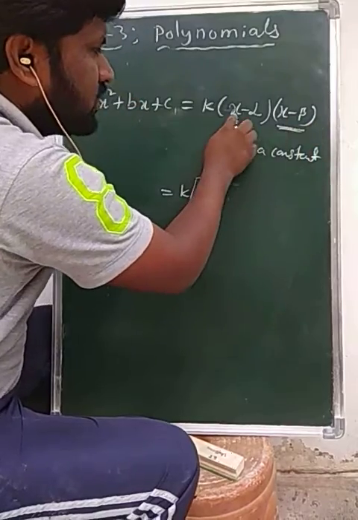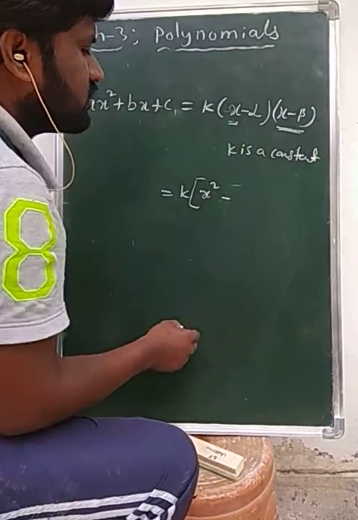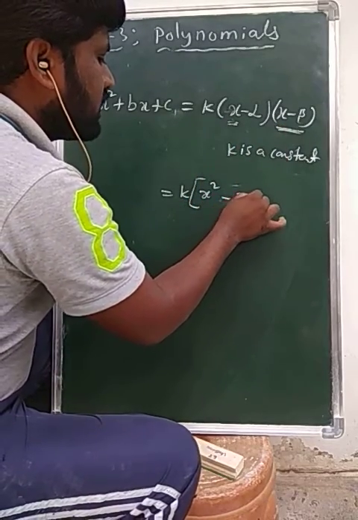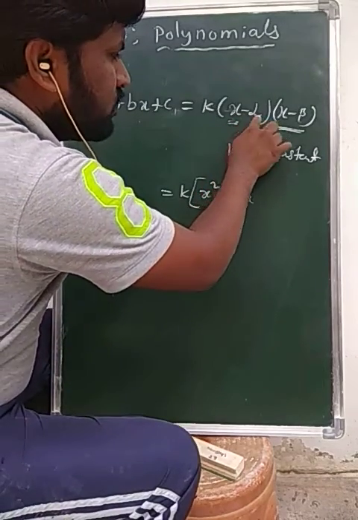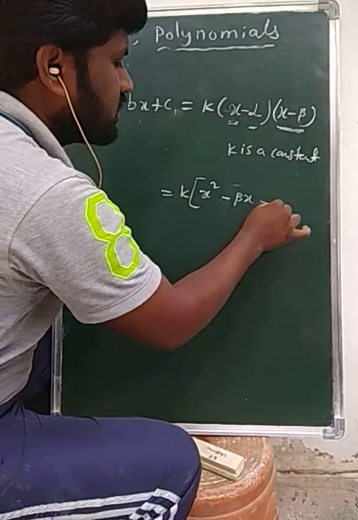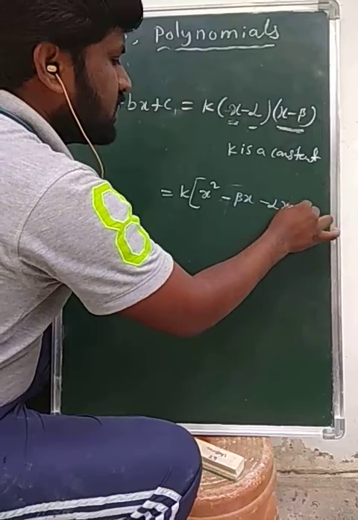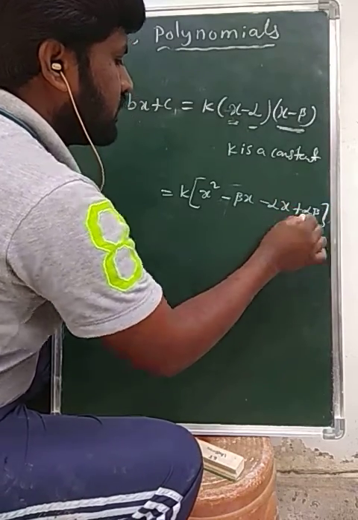complete this bracket part. x into x, that is x square, minus x into beta, that is minus beta x, minus alpha into x, that is minus alpha x, minus of minus, that is plus alpha beta.